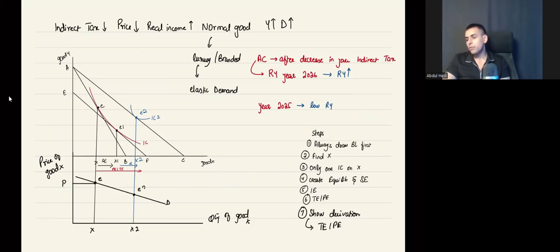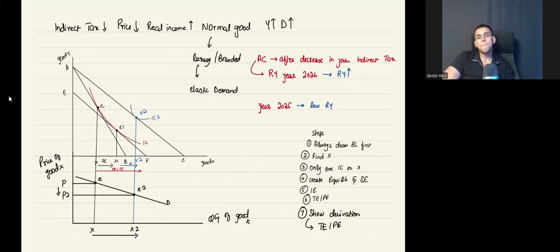If my price level falls from P to P2, a small change in price will extend the demand by a larger percentage. The price level is falling from P to P2, whereas my equilibrium quantity is rising from X to X2, showing a very large change in my total effect for an elastic normal good.